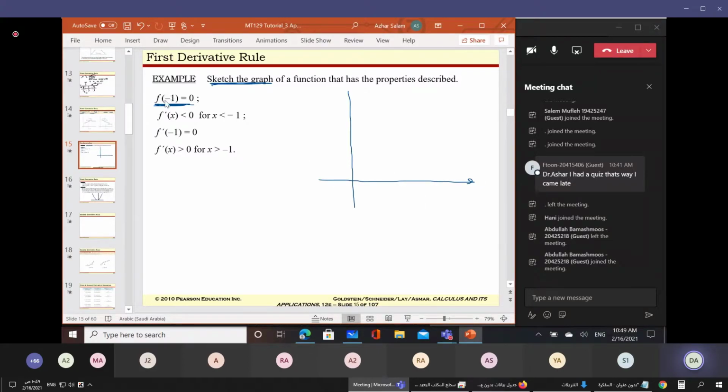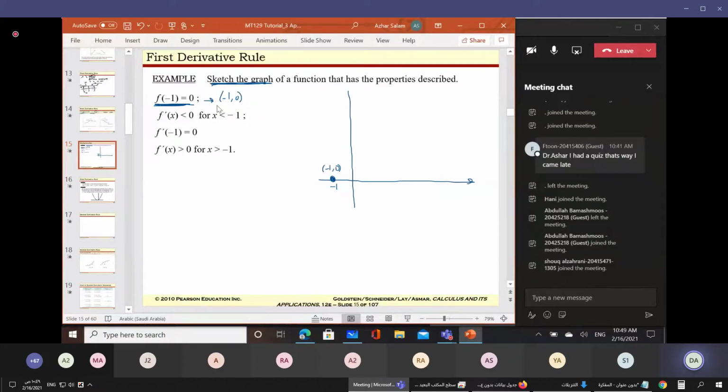I have here the x component is -1 and the y component is 0. So this is the point, -1 and 0. That means that I should have the point -1, 0 on the graph.